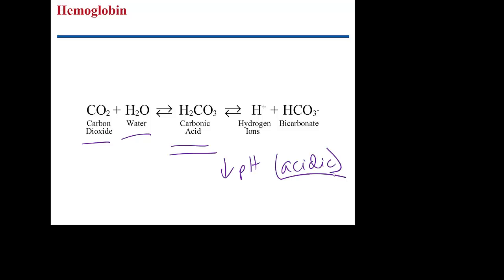That carbonic acid is what your brain recognizes as low pH, which means you need to increase oxygen carbon dioxide exchange, which means you increase how many times you breathe per minute. This works well for you as an adult.